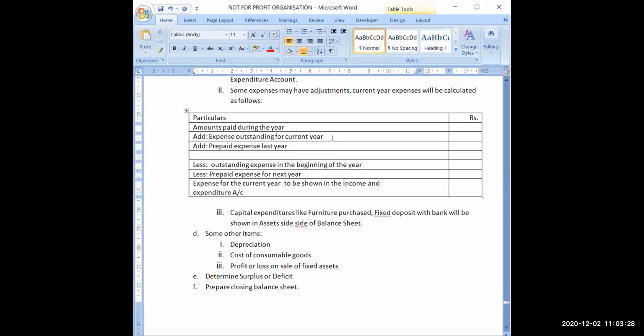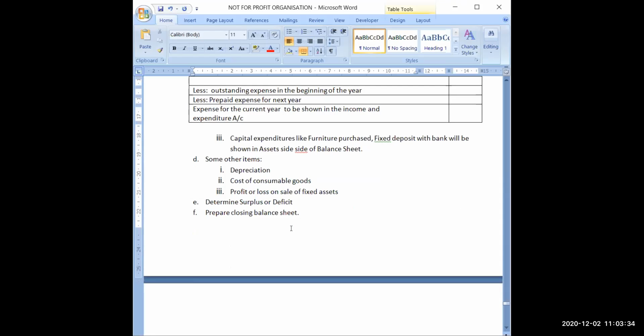Now, some other items like depreciation. Obviously you may find some adjustment regarding fixed assets, like if furniture is there, the question may ask you to charge depreciation on furniture, or on building. Then cost of consumable goods.